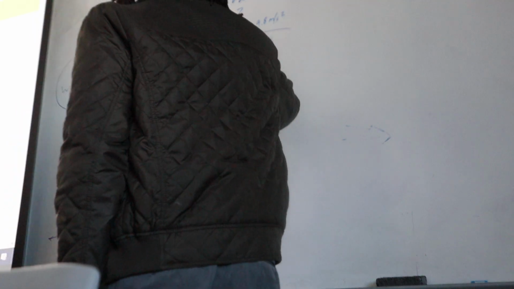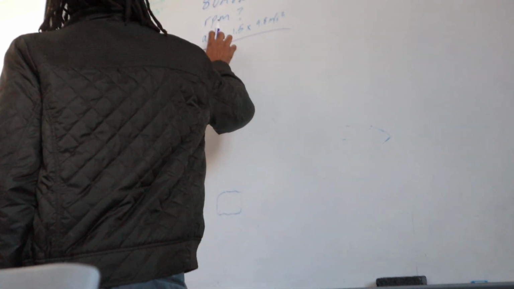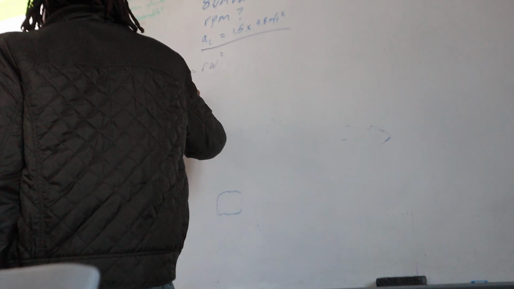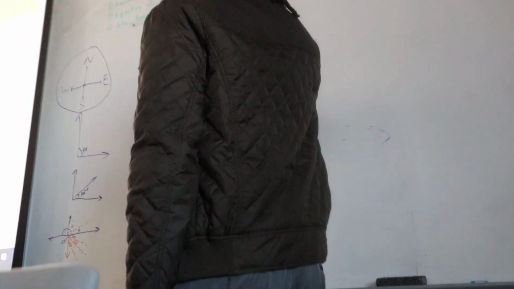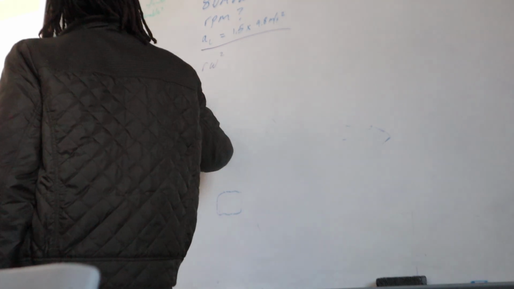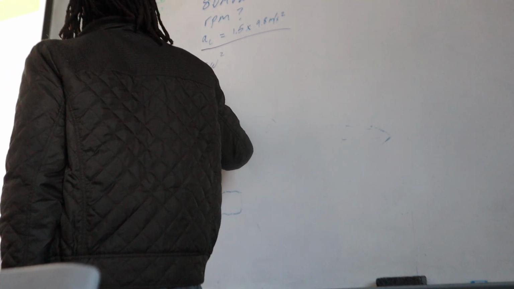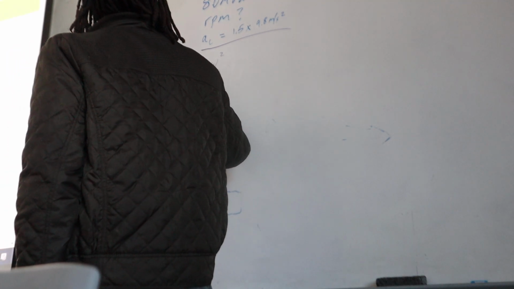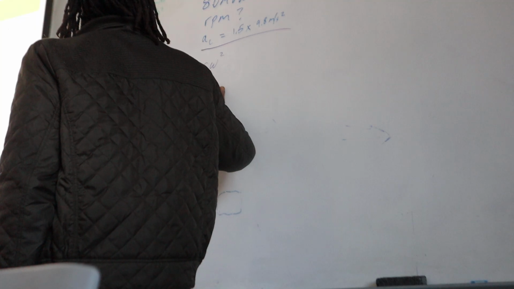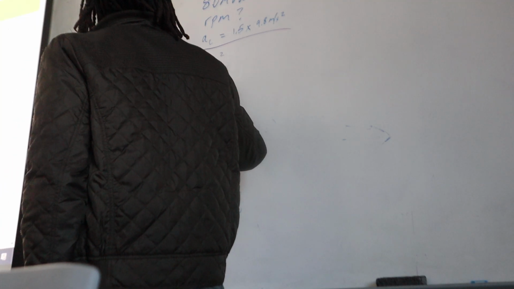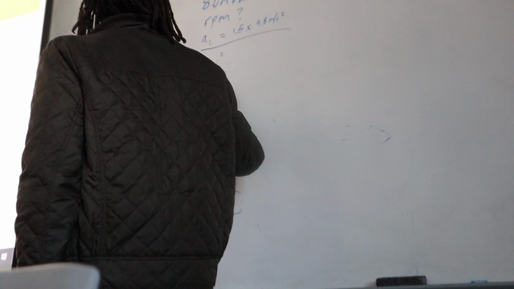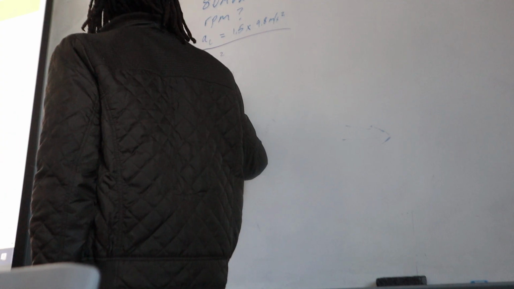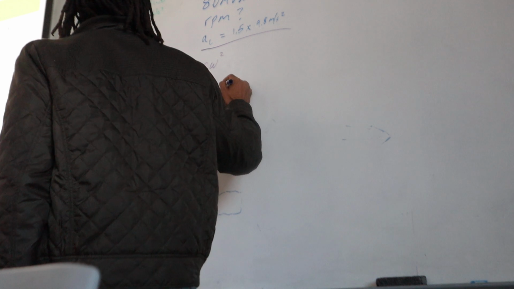Alright, so we have this equation, centripetal acceleration is r omega squared. So I have my centripetal acceleration, I have my r, I don't have omega. So let's solve for omega. Omega should equal the square root of a_c over r.